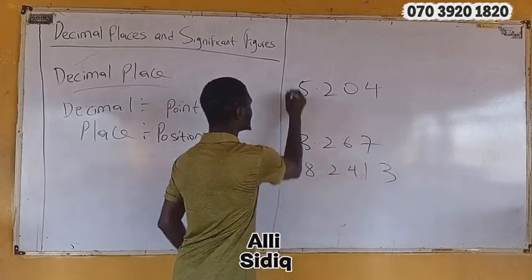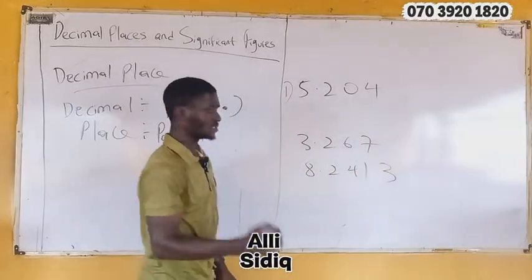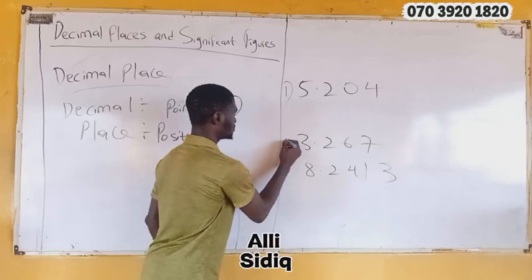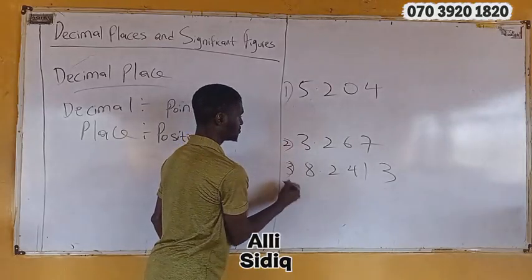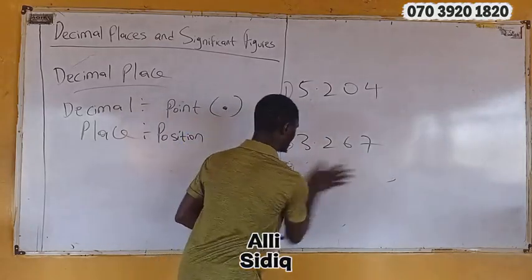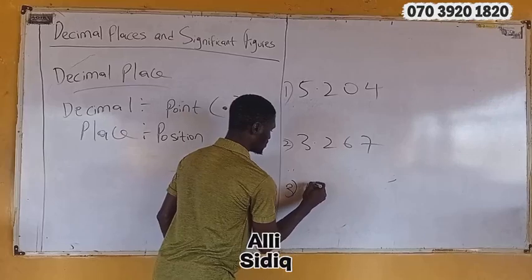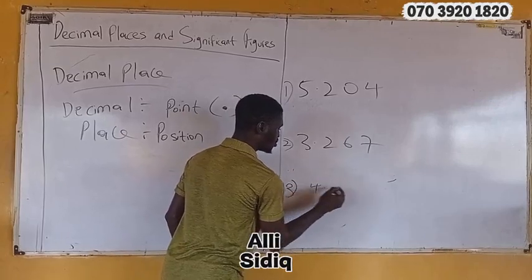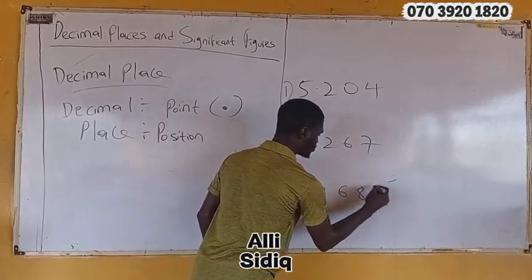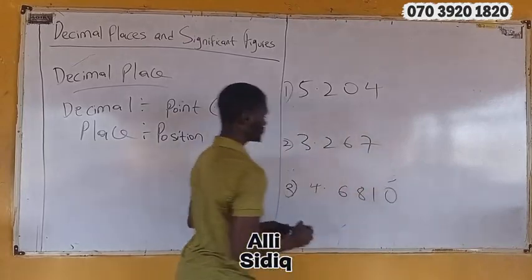And the question says, these are different questions. We are assuming, this was just a brief example. Let me use 4.6810.